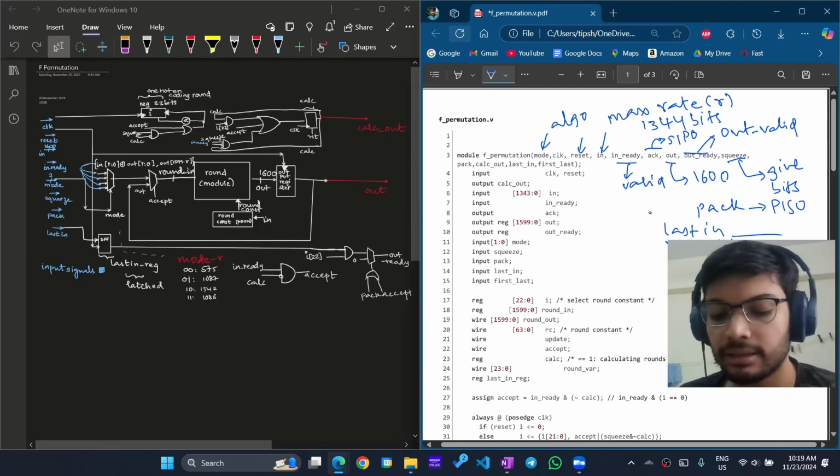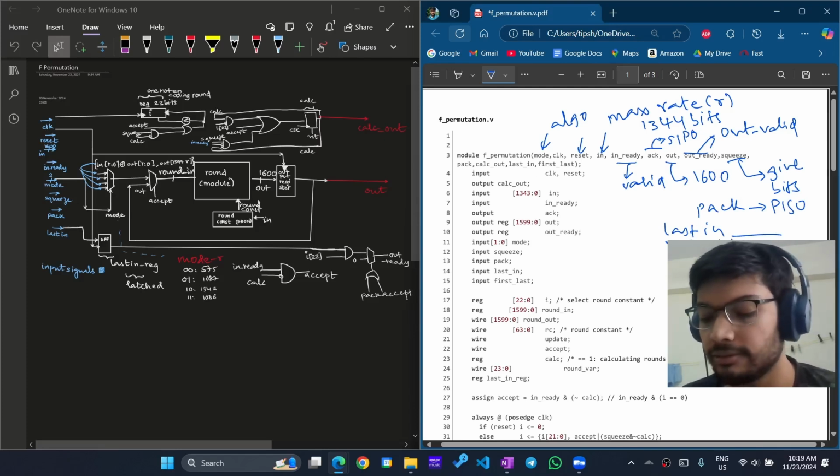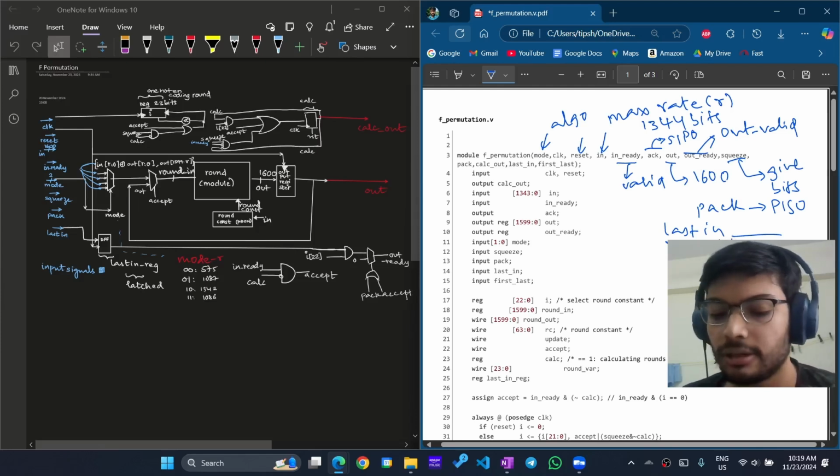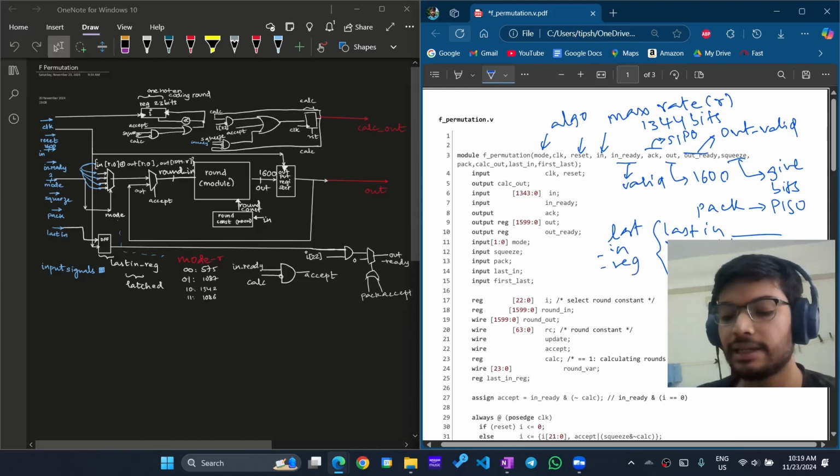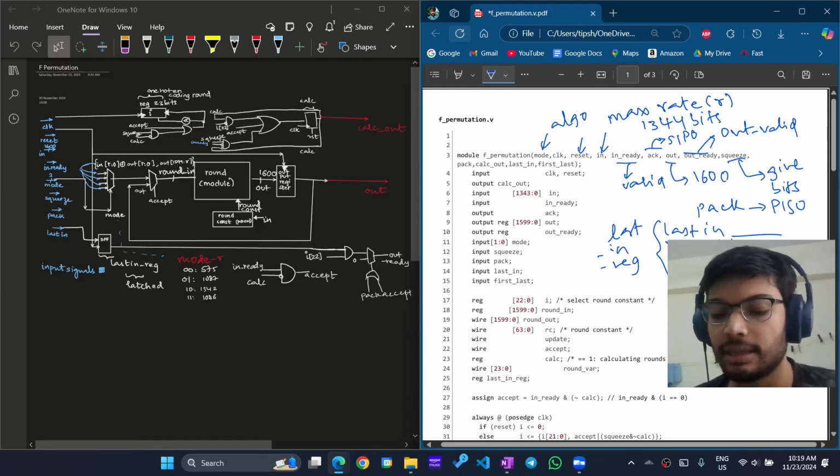To mitigate that, we have used the first last signal, which is a pulse that comes just one clock cycle before. These two are used to latch another register called the last in register, which basically tells if the input we have taken is the last input and it should stop absorbing after that.